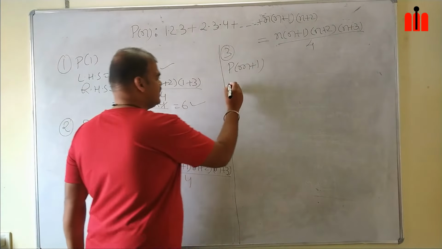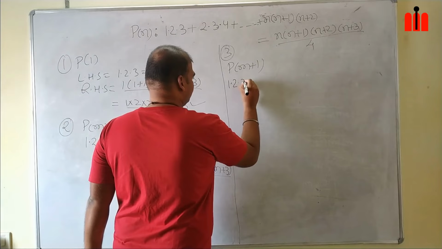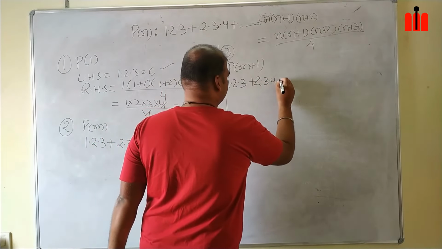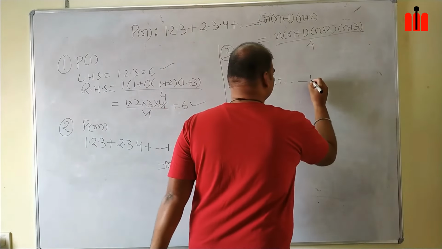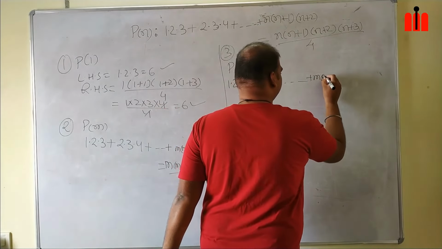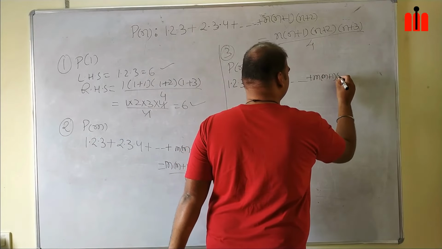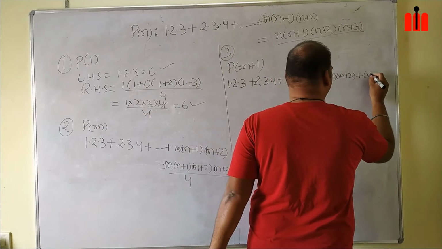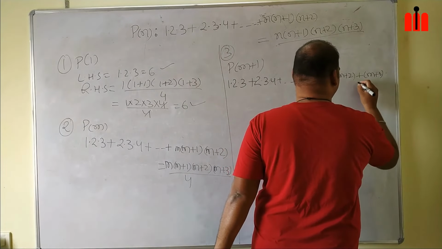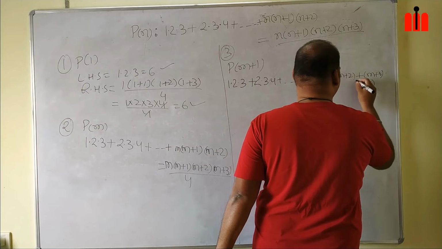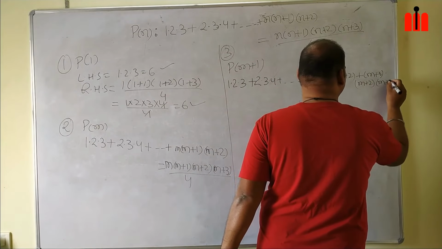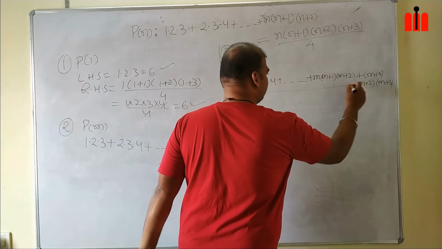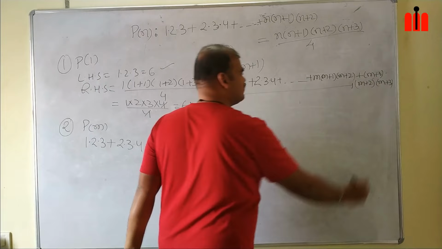For M plus 1 terms, my L.H.S will be 1 into 2 into 3 plus 2 into 3 into 4 and so on, plus M, M plus 1, M plus 2 plus M plus 1, M plus 2, M plus 3. So these are the first M terms and this is my M plus 1th term.